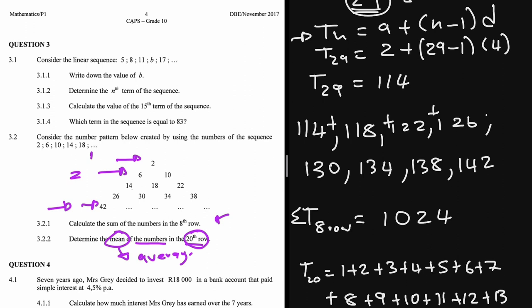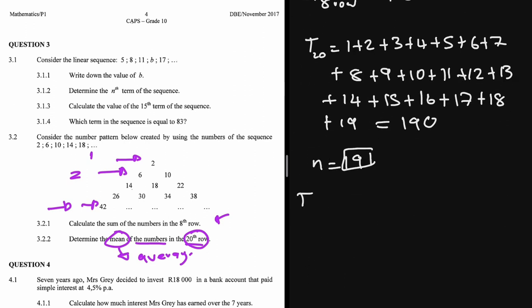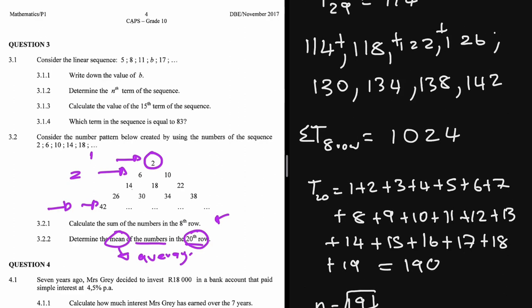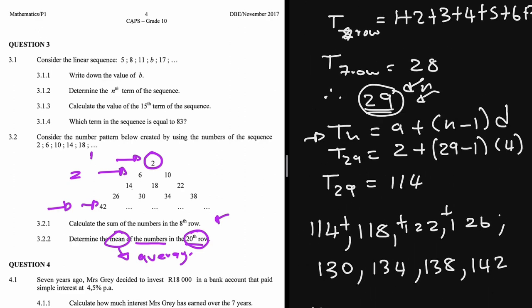Okay, so we have Tn equals a plus n minus 1 multiplied by d. We know the first term of the sequence is 2, and we are looking for term number 191. So where we see n, we put 191 minus 1, and our difference is always 4, because it is a constant difference.